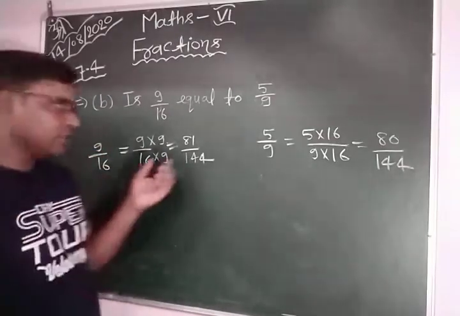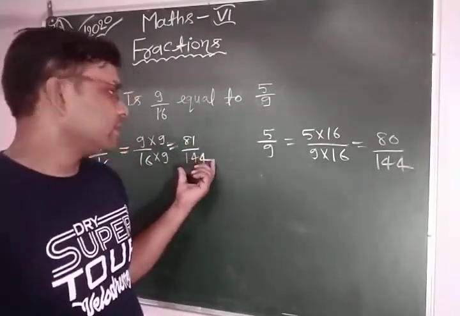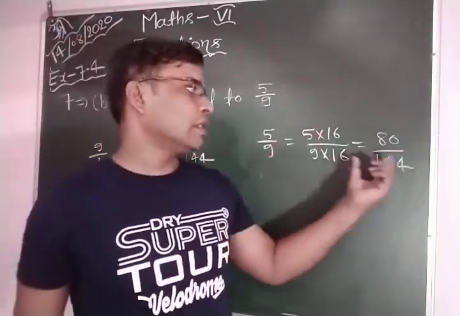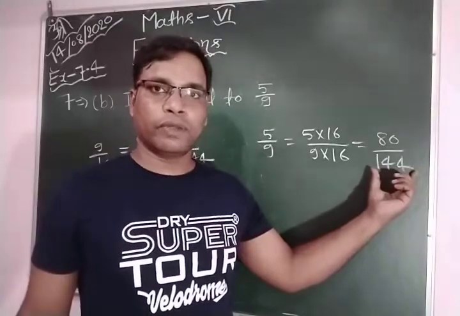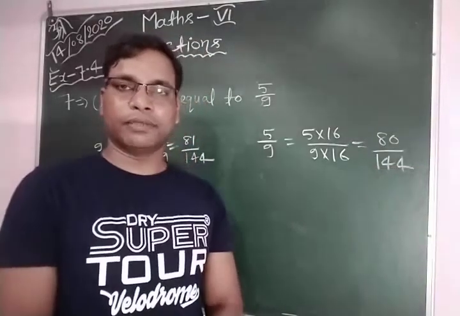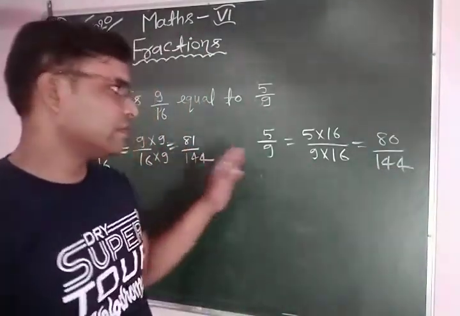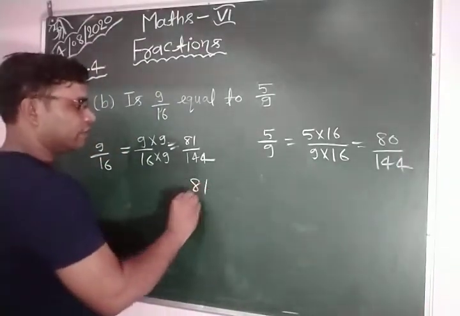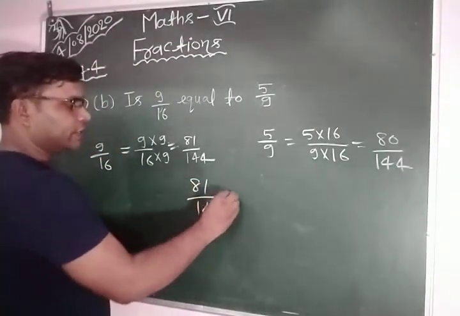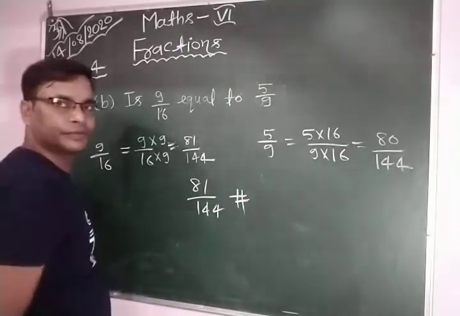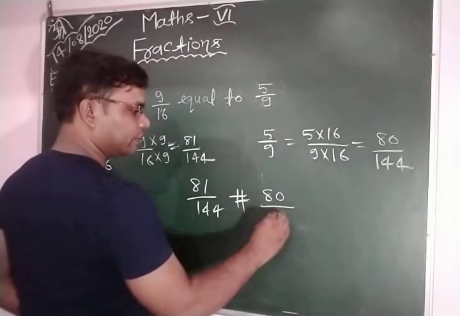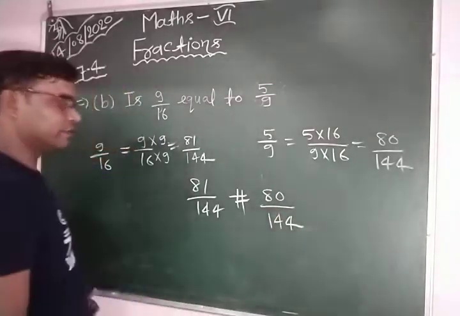Okay, and this is 9 by 16, which becomes 81 by 144. This is 80 by 144. Both fractions are like terms, but both are not equal. You can see here 81 by 144 does not equal 80 by 144.